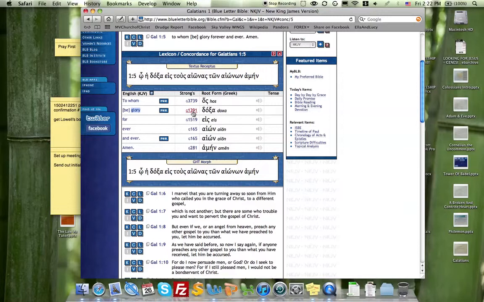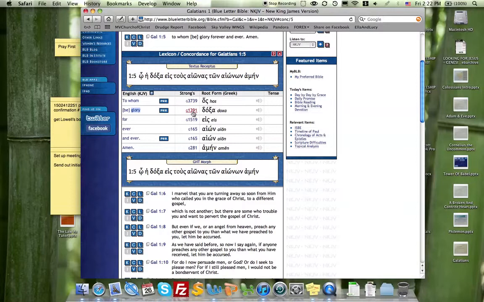And so what it allows you to do is say, okay, the word glory is number 1391. It used to allow people to search very easily, even if they didn't know Greek. Well, they still use the Strong's numbers, and they're really useful. And if you have books and you like to do it that way, they can be really useful for looking up definitions. Here, it really doesn't matter what the number is.